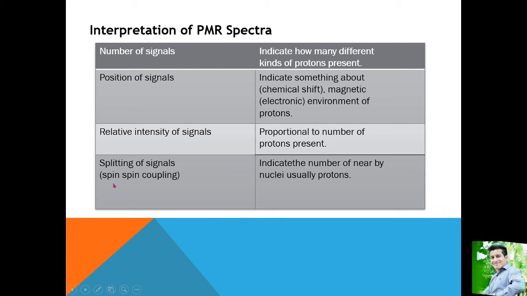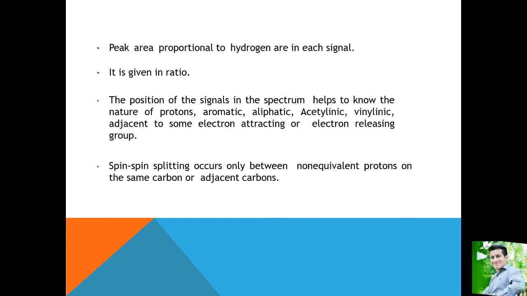We also have to remember a very crucial point, that is the splitting of signals. We have seen in the previous presentation that this is spin-spin coupling. It indicates the number of nearby nuclei, usually protons.